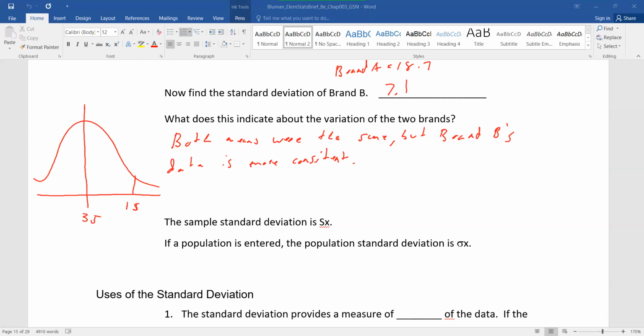So that would be 35 plus 18.7, which is 53.7. And then over here, I subtract that. 35 minus 18.7 is 16.3.